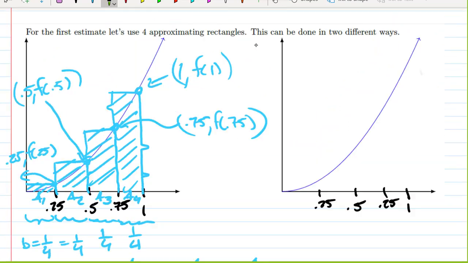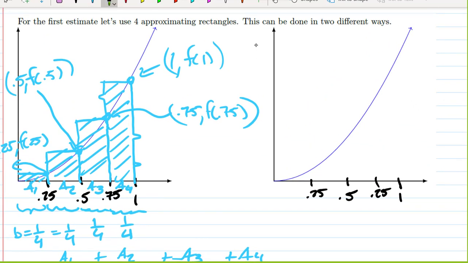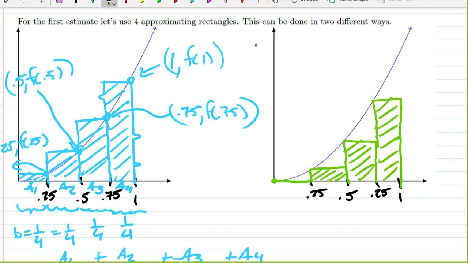Well, I could do the same thing again on this other picture, but what if I use the left point to find my rectangles? Well, then my rectangles would look like this. And if my rectangles look like this, then this is A1, A2, A3, and A4.